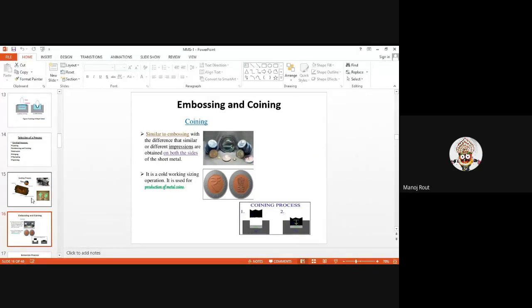It is a cold working sizing operation used in the production of metal coins. In the figure below of the coining process, a metal blank is placed in the die. After applying pressure on the coin itself, it provides an impression on both sides according to the shape and size of the die. So this is known as the coining process.